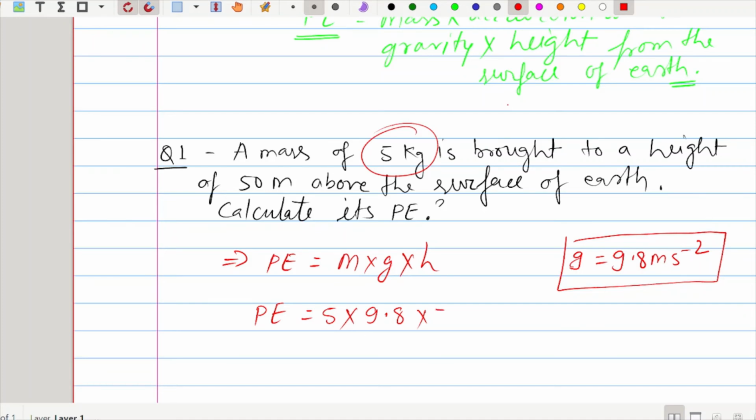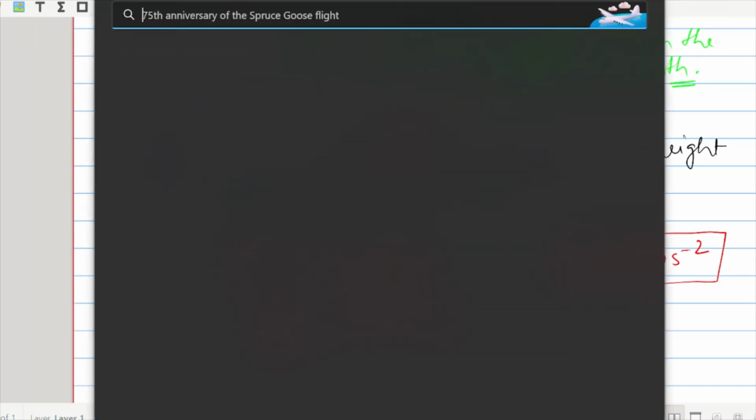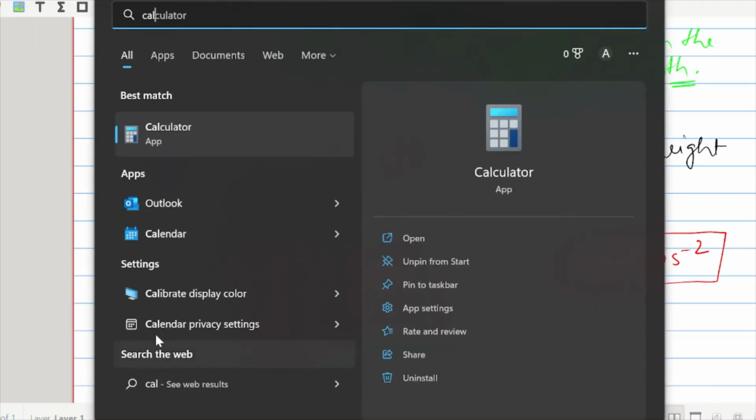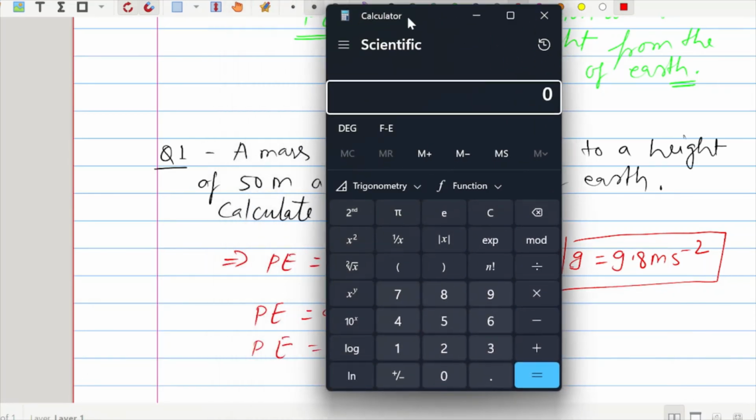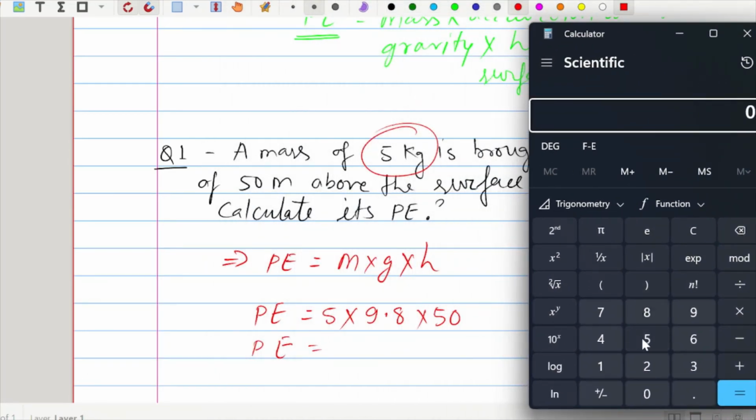Height is 50 meter. So we can do the calculation. Let me use my calculator here because I want to be more precise. So here is the calculator, and by using the calculator we can substitute the values. 5 into 9.8 into 50.